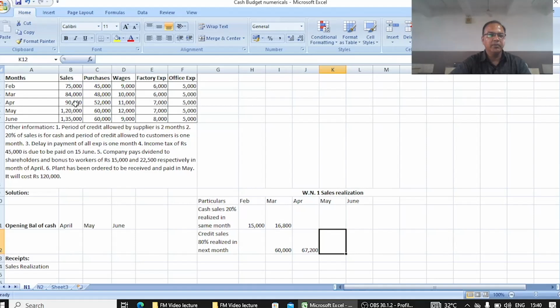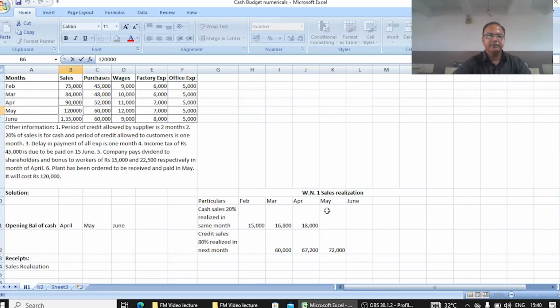Now again come to April, 90,000. 20% of 90,000 means 18,000 will be recovered in the same month, and 72,000 rupees will be recovered in the next month.